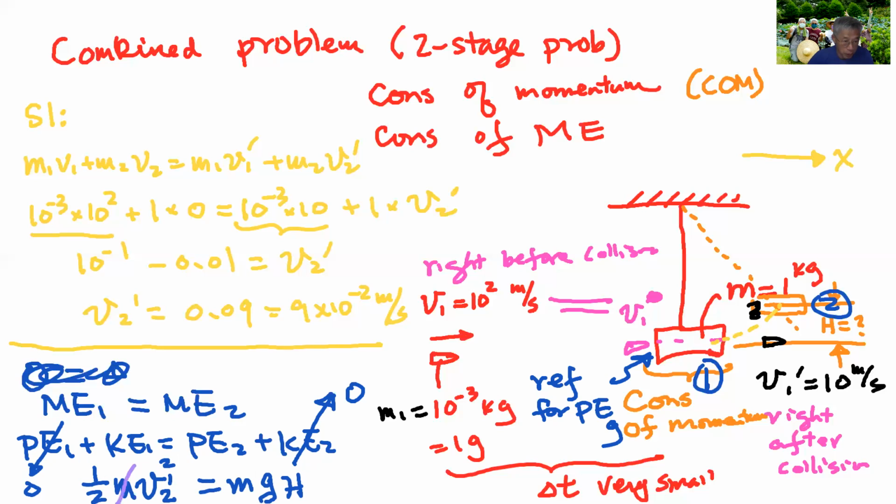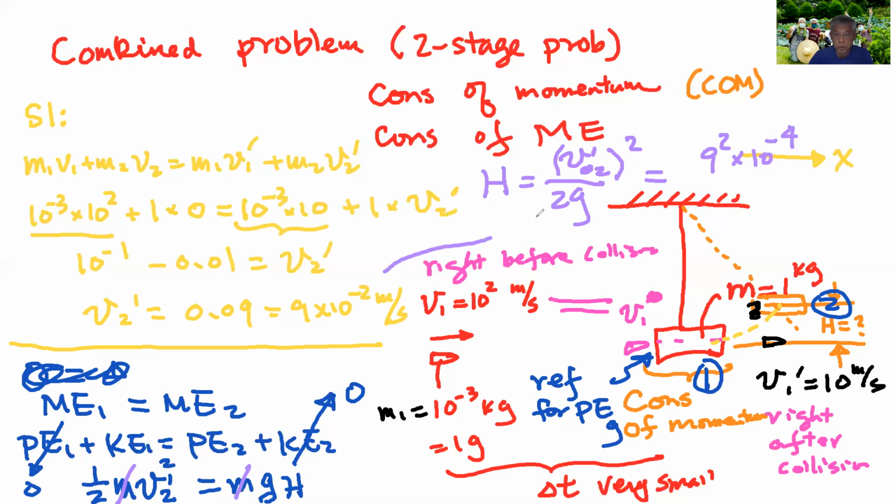Now I'm going to cancel m, so we can find h. h is equal to v2 prime squared, divided by 2g. Then you put that in: that's 9 squared times 10 to the negative 4, divided by 20.